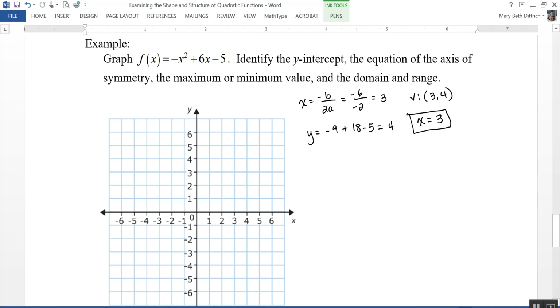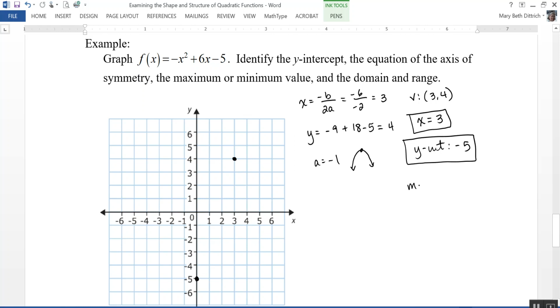So I can go ahead and graph a few of these things here. So the point 3, 4 is going to be my vertex. I also know that my y-intercept is going to be the value of c, which is -5. So I know I'm going to have a y-intercept of -5. Okay, and I know that since a is -1, that means that my graph is going to go like this, and my vertex is going to be a maximum value.